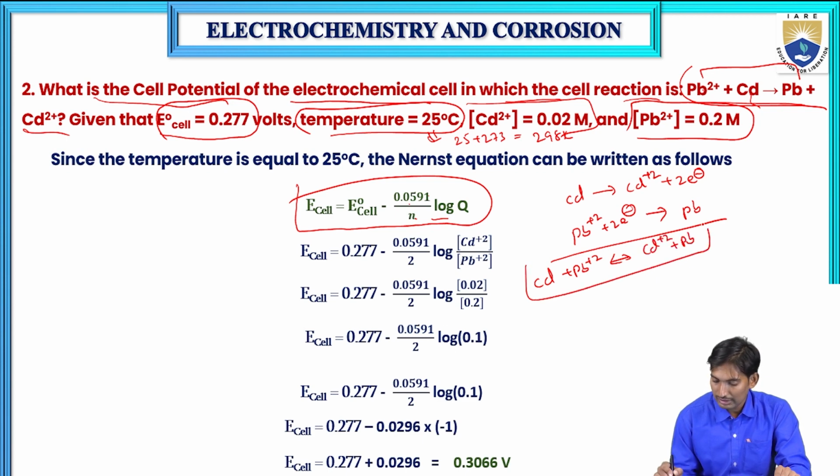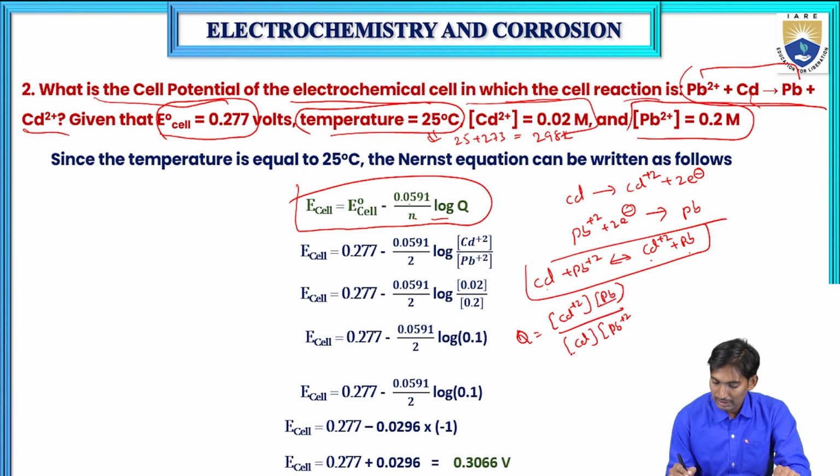This is the final reaction. So Q becomes the concentration of products divided by the concentration of reactants: concentration of cadmium plus 2 times concentration of Pb, divided by concentration of cadmium times concentration of Pb plus 2.